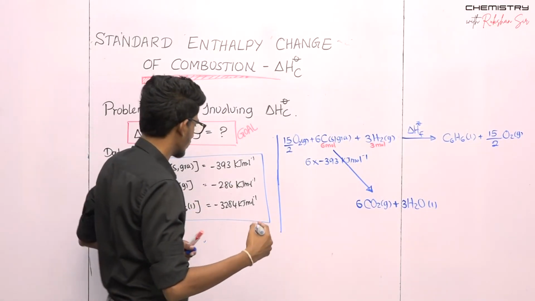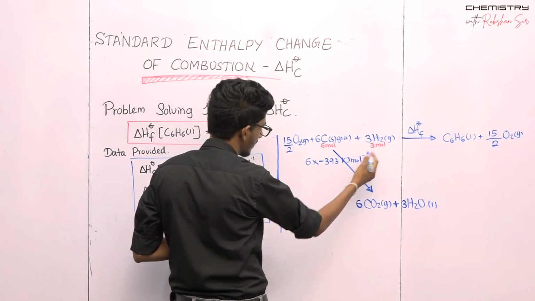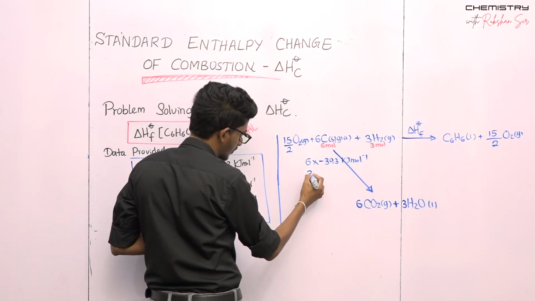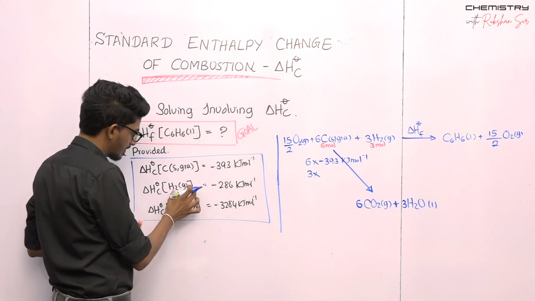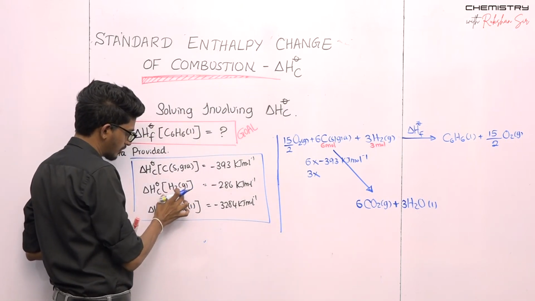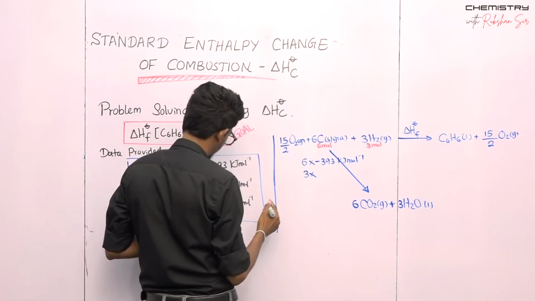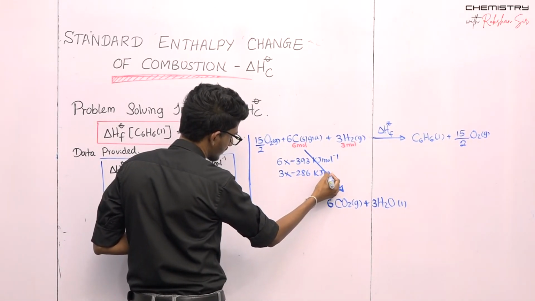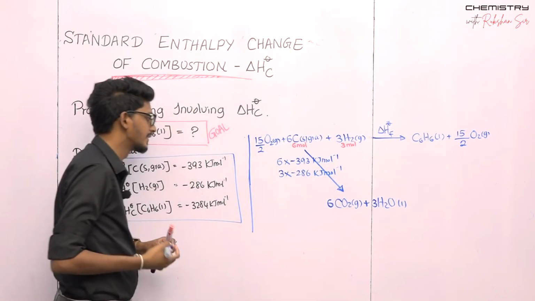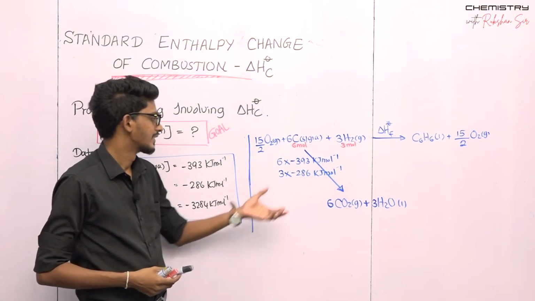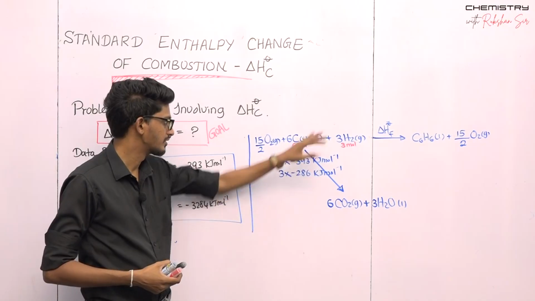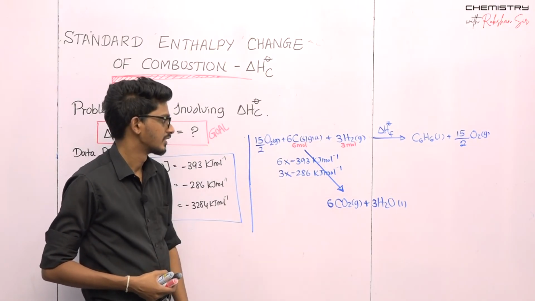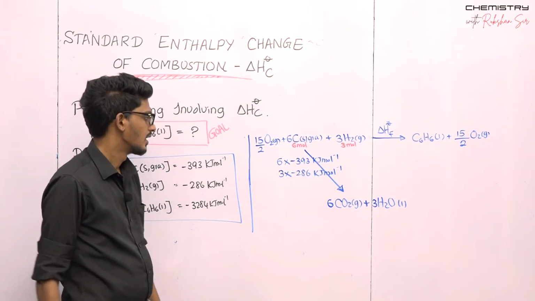So it is 3 times the combustion value of H2, that is 286. If you apply this total energy change to this system, it will be converted to this state of your same system.